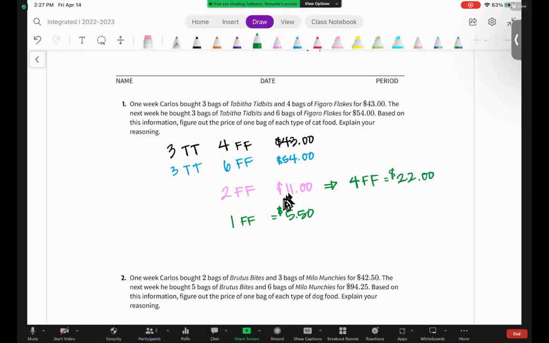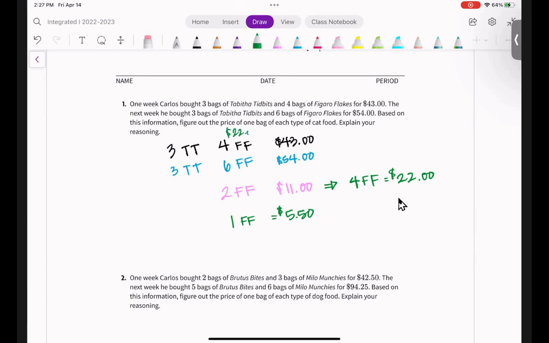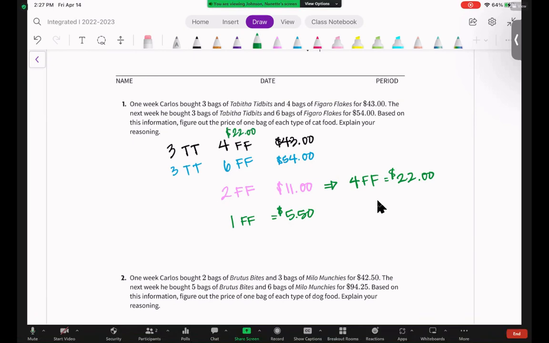And that makes sense because you're just doubling things, right? And then that means that this right here is going to be $22. Or you could have used this one, but then you would have to get six of them, right? So then what would you do?